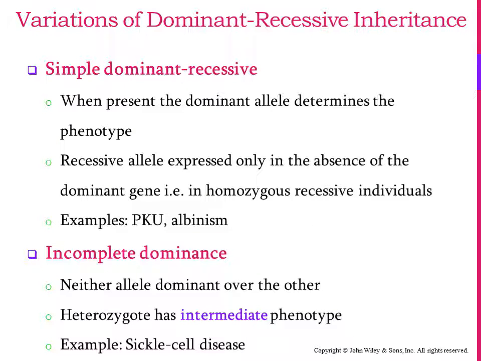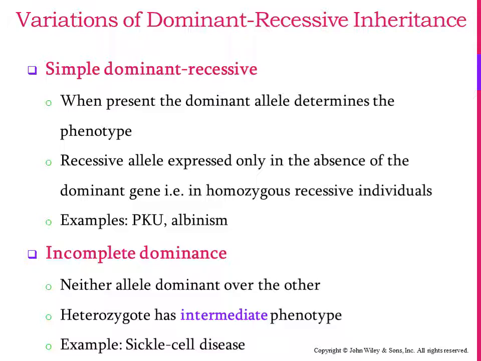So far we've been considering simple dominant recessive patterns of inheritance, where in the heterozygous genotype, the dominant phenotype will be expressed, which is your classic simple dominant recessive pattern. Let's consider a variation of that, which is incomplete dominance, where in a pair of alleles or different forms of a trait, neither form is dominant over the other.